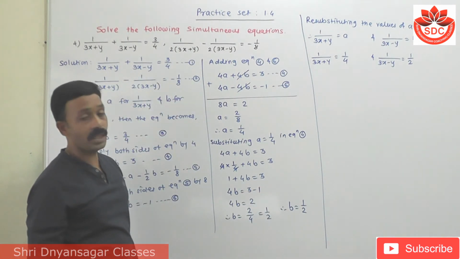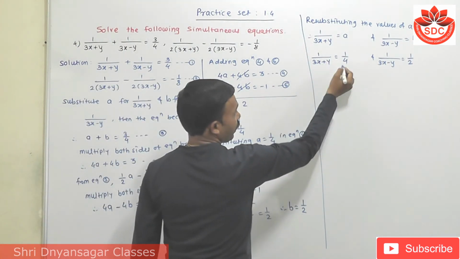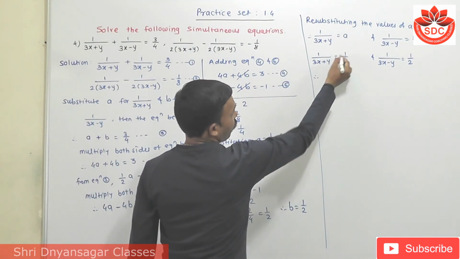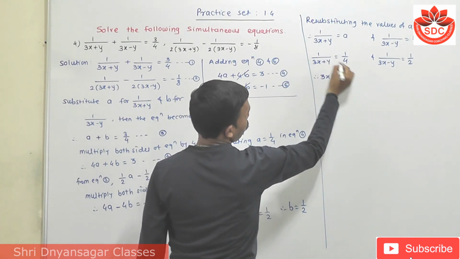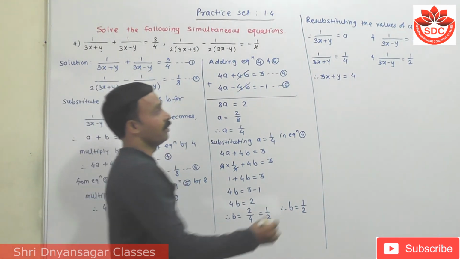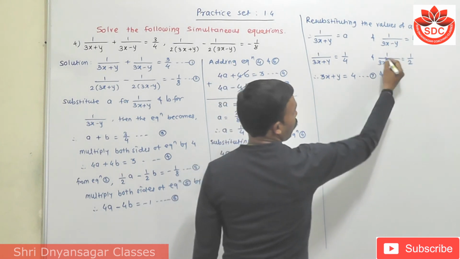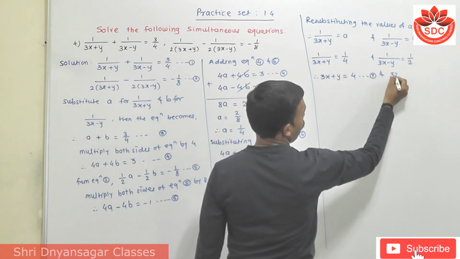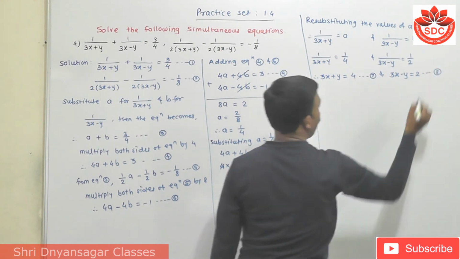Students, then by cross multiplication we get new equations. I have to directly take its cross product, so 1 into this one is 3x plus y is equal to 4 ones are 4. Suppose that this is equation number 7. By cross product of this we write here 3x minus y is equal to 2. This is equation number 8.